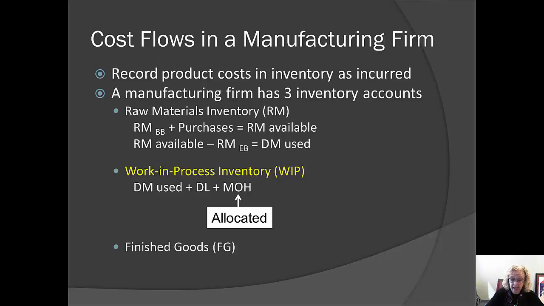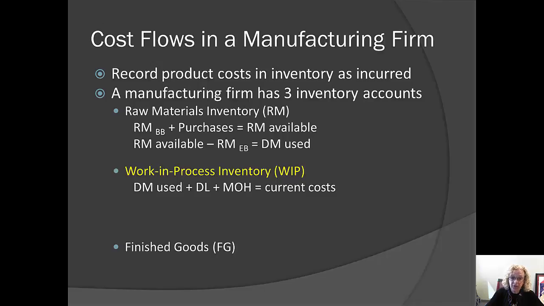There's no way to tell how much of our overhead items went into the various products that we manufacture, so that amount may have to be allocated. Altogether, the material and the labor and the overhead that we used gives us our total current costs.